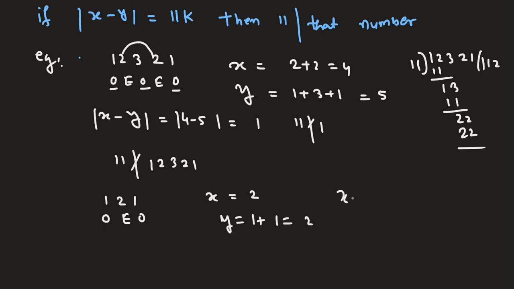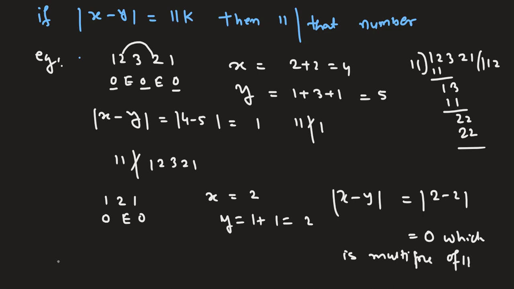So here the modulus of x minus y, the difference of these two sums, is 0, which is a multiple of 11. So therefore we can say that 11 divides 1 2 1.